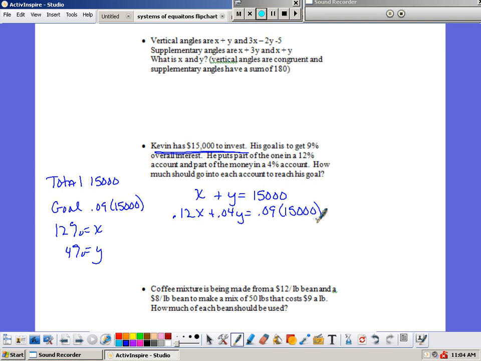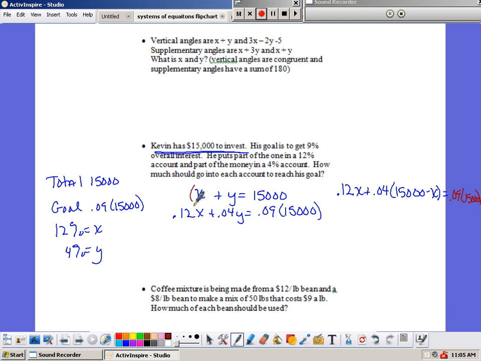Now, if you don't like this way and you prefer to do the mixture problem where we would have done 0.12x plus 0.04 times 15,000 minus x equals 9% of 15,000, you can do that. It's the same thing. This is just another way of doing it.